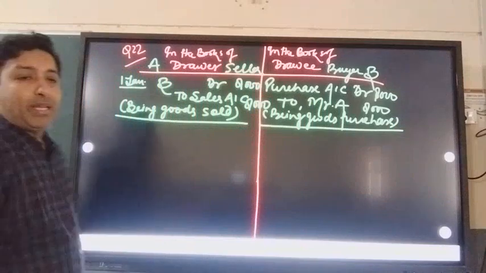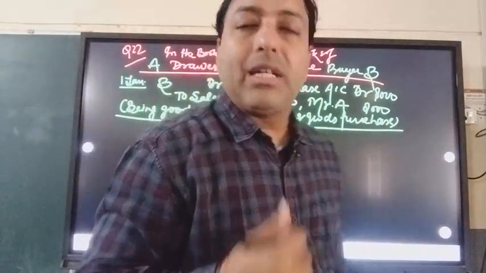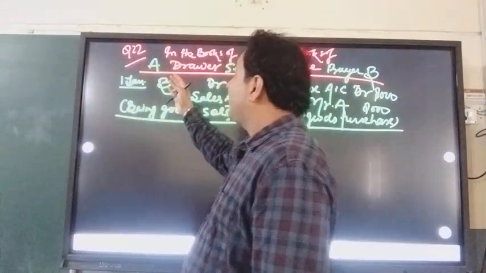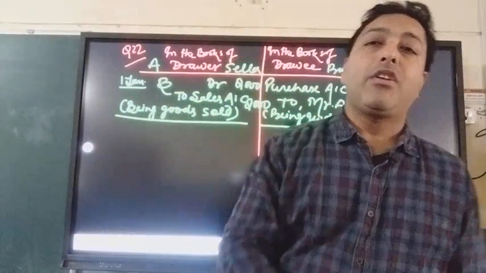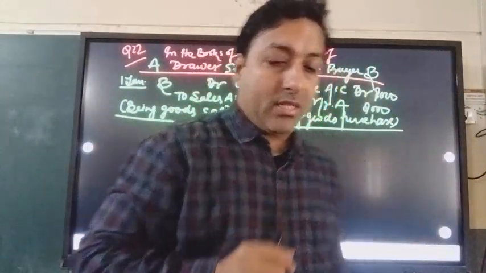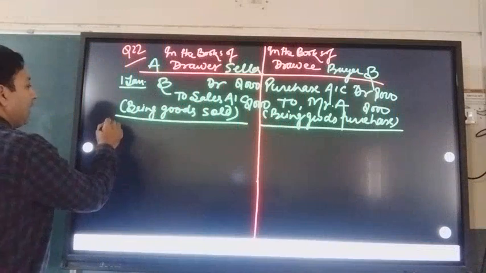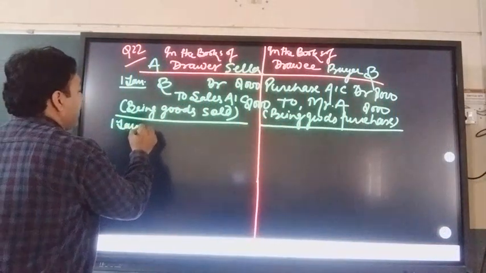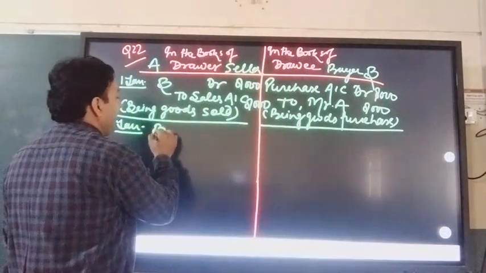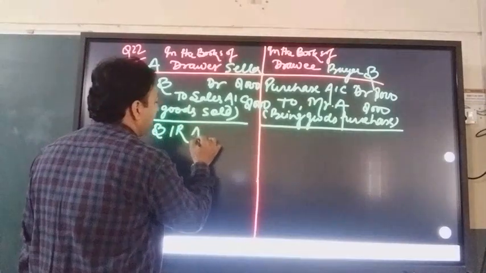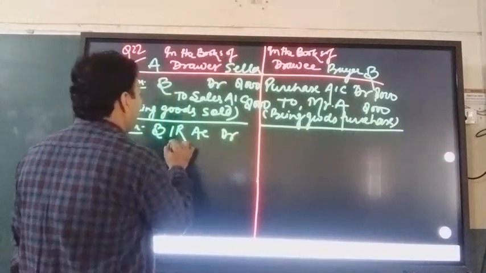On the same day, he draws the bill. Who draws the bill? The drawer draws the bill, that is, Mr. A draws the bill. So see the entry. On 1st Jan he draws the bill. So BR account debit and to what?